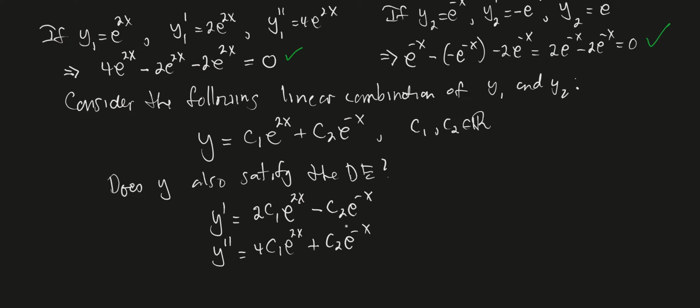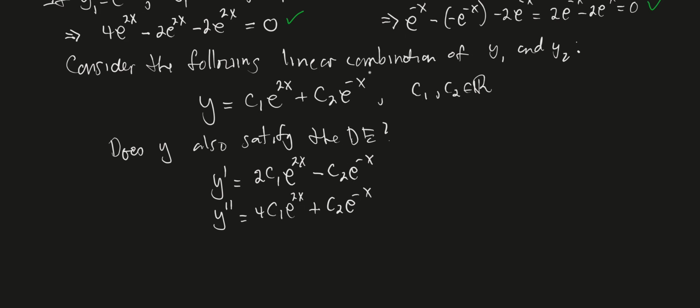And remember what the differential equation says. In fact, let me remind you, the differential equation says that the second derivative minus the first derivative minus 2 times the original must be equal to 0. So let's check to see if I take this function minus this function minus 2 times this function, will it all cancel out and will I still get 0? So here's our second derivative.